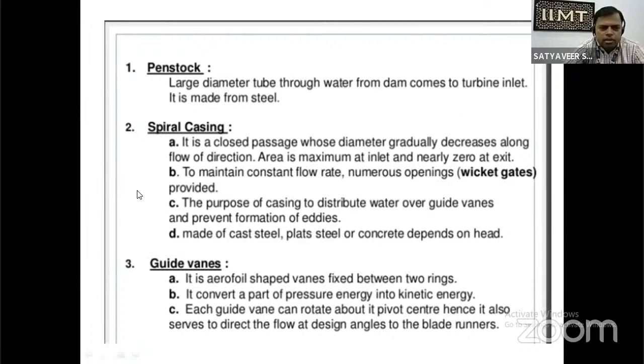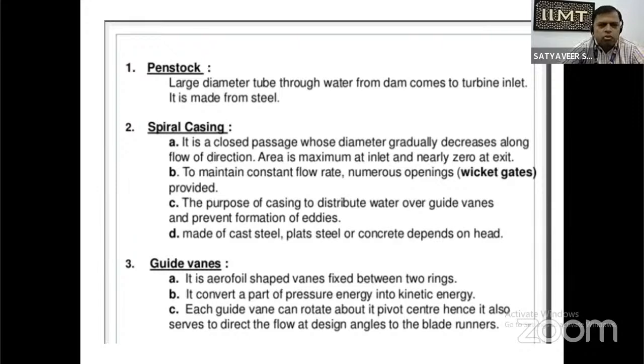The next part is the spiral casing. The spiral casing is a closed passage, or closed chamber, whose diameter gradually decreases along the direction of flow. Area is maximum at inlet and nearly zero at exit. To maintain a constant flow rate, we can use numerous openings in the casing.